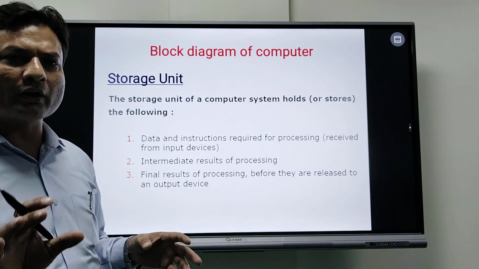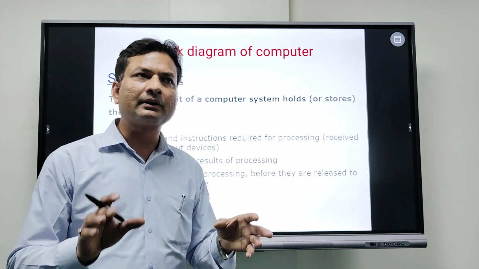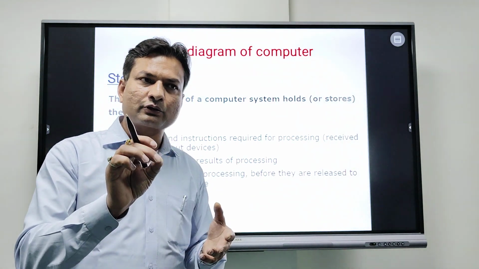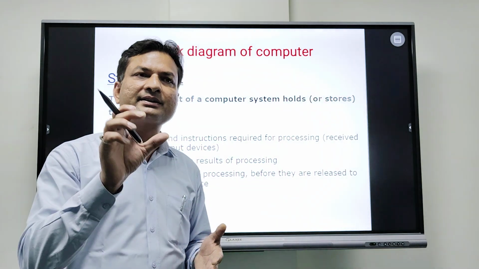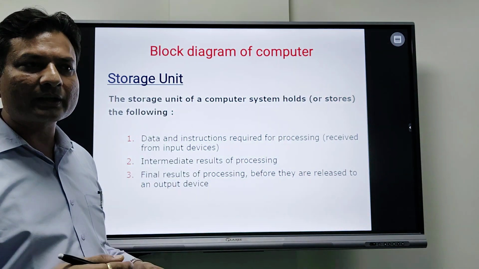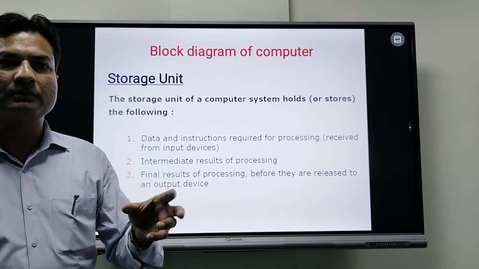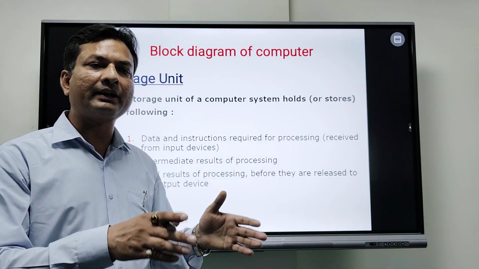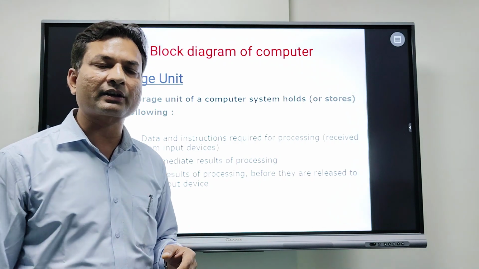Suppose you want the computer to add numbers from 1 to 5. We know that in this case 1, 2, 3, 4 and 5, this is the data that the user has provided to the computer. What operation has to be performed? Obviously I have just said that we want to sum numbers from 1 to 5, so plus is the instruction.